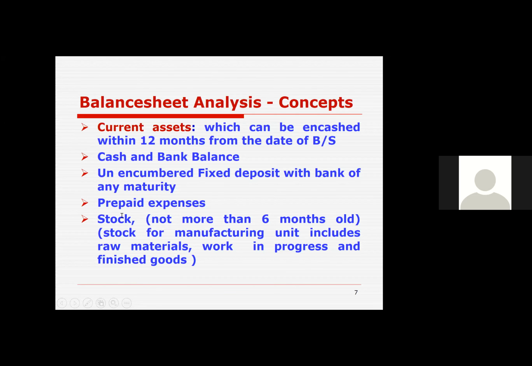Then stock and raw materials which are not more than 6 months old. I told you, if stocks, bills receivable, sundry debtors are more than 6 months old, they have to be shown under non-current assets. If they are less than 6 months old, they will be shown in current assets.